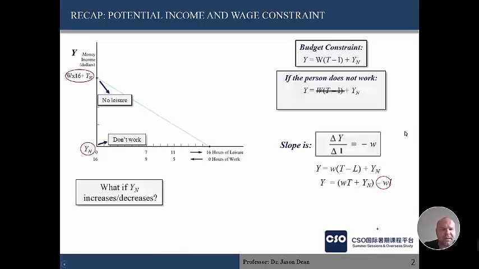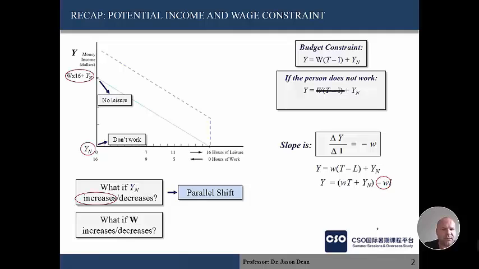Now, what happens if non-labor income increases or decreases? Well, we know the wage won't change in that case, and so the only thing that's going to happen is the budget line will shift upwards in a parallel fashion. What happens if the wage increases?